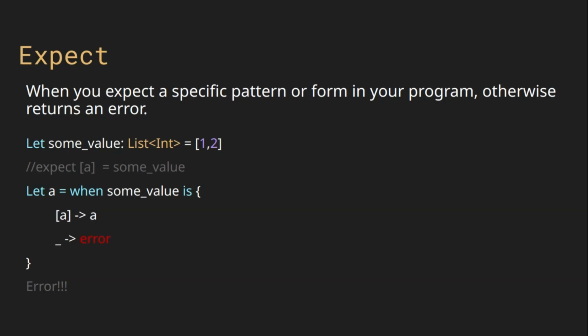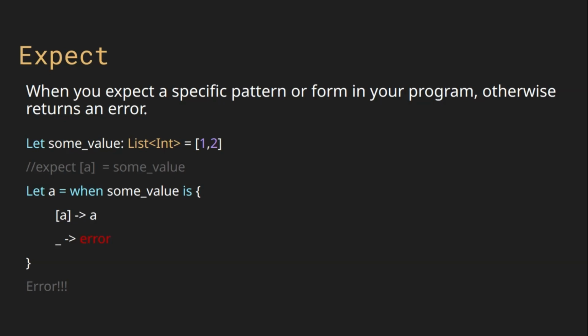For example, let's say that you have a variable a and we have on it a when is expression that is applied to some value, and we want to check if it has one element. If it has, it returns the element inside of the list, and if it doesn't, it returns the error.